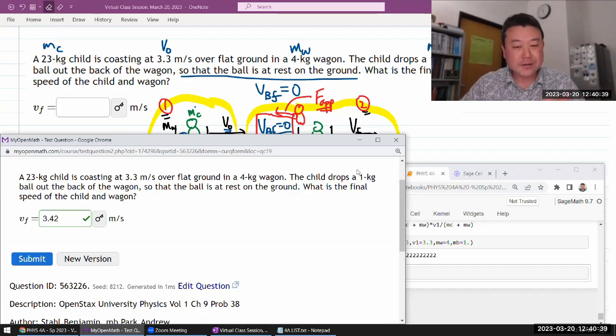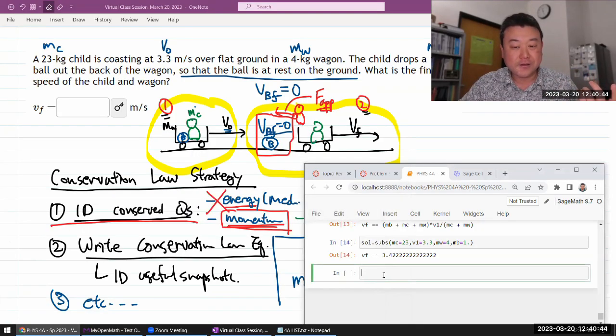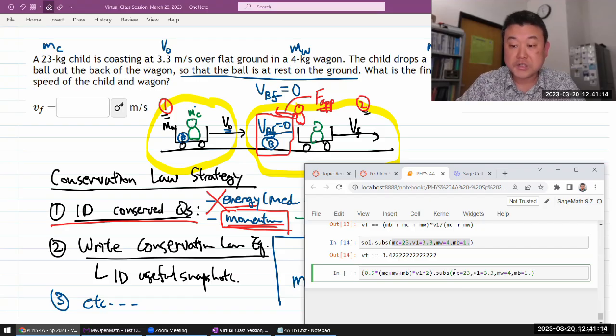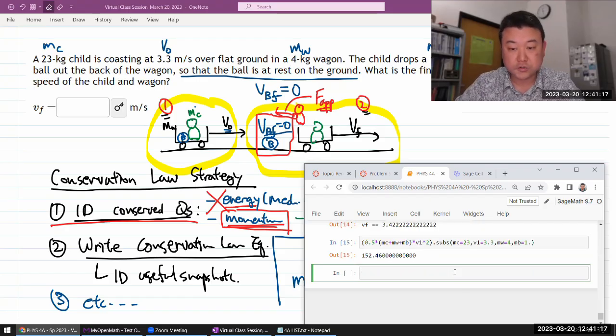Okay, before moving on, let's just try calculating the kinetic energy of the thing for fun. So I'm just going to use that number. Initial kinetic energy would have been the total mass times 1/2 times V initial squared. Let me substitute in all these numbers that I typed in before. So this was your initial kinetic energy in units of joules.